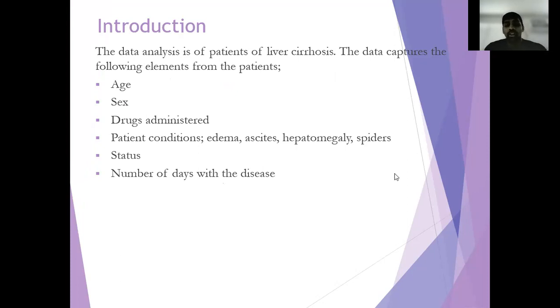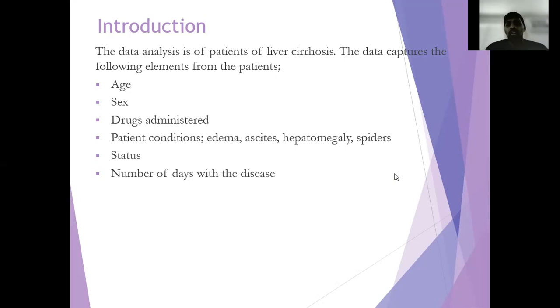Blood was measured to establish the composition of the different elements in the blood, and also the number of days with the disease, and determining the appropriate drug to administer to manage the disease. So these are all the things which I'm going to explain in my presentation.